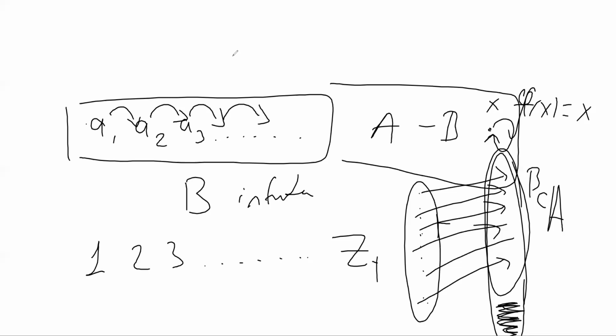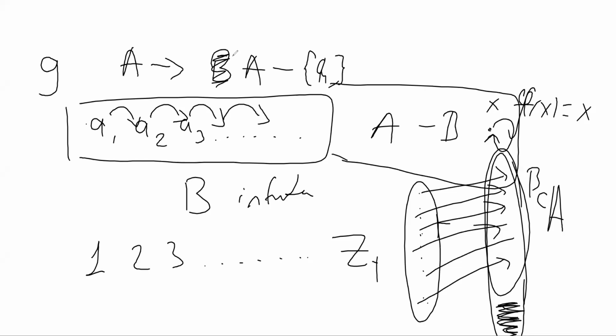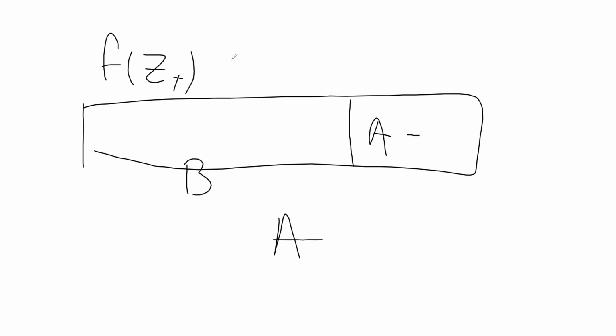So basically, we just made a bijection by defining the function G from A into A minus A1. Let me explain why. Because basically what we're doing is we're taking a set A, and we're taking a set B, which is an image of Z plus, and we're taking all the rest that we don't really want.